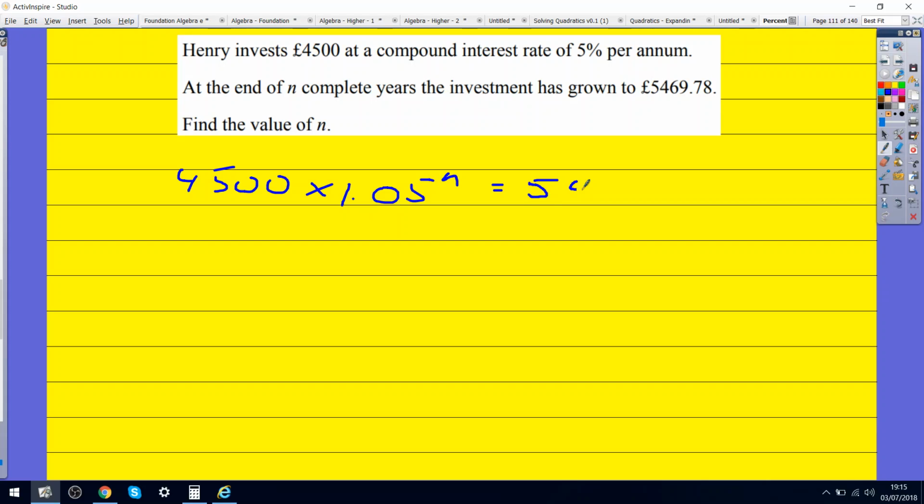So there might be another way instead of rearranging to get n on its own. You could work that out. So I'm just trying to think. I think I know what to do.